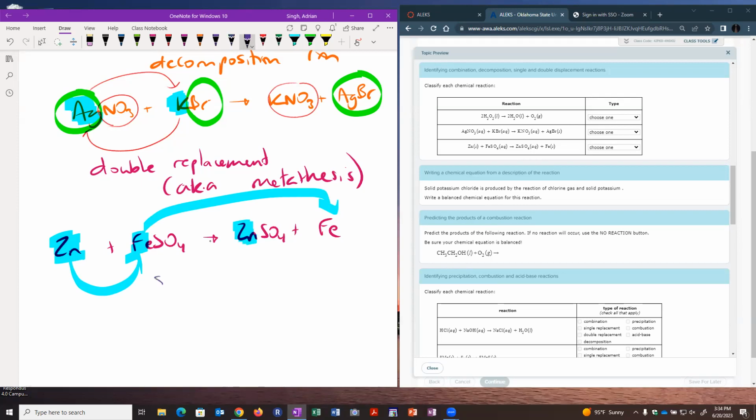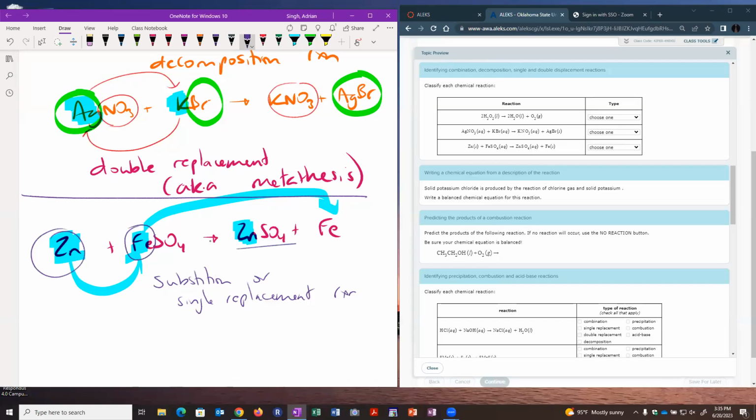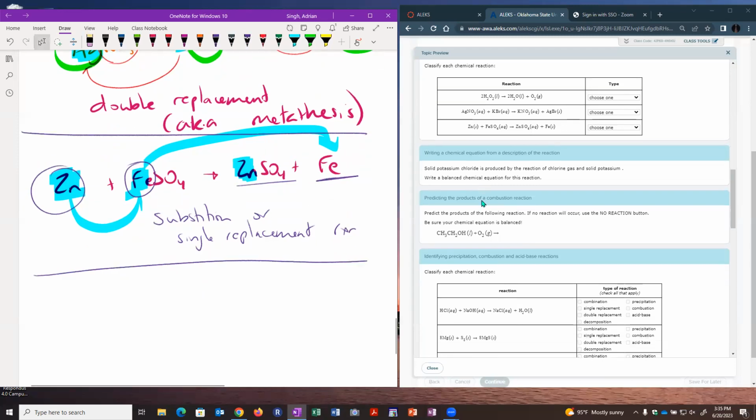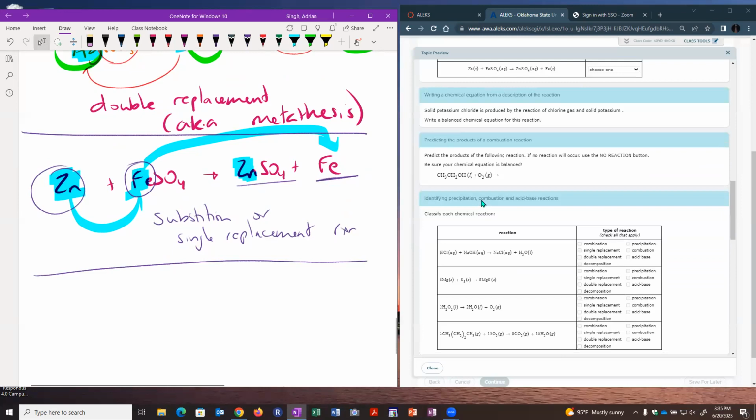This would be an example of what's called a substitution or a single replacement reaction. In reactions like these, you typically have a metal replacing another metal from a compound to make a new compound, and you have that metal displaced.